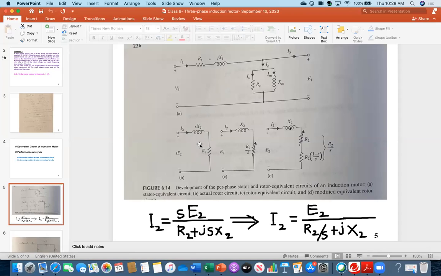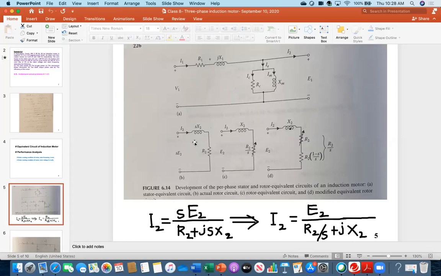Therefore, it does not matter whether the rotor is moving or not moving, motor is running or not running. You can apply the voltage to the stator, and stator is a standstill circuit. So it is independent of the running condition, independent of the slip term. That's why in the reactance here, there is no slip. But here there is slip term.